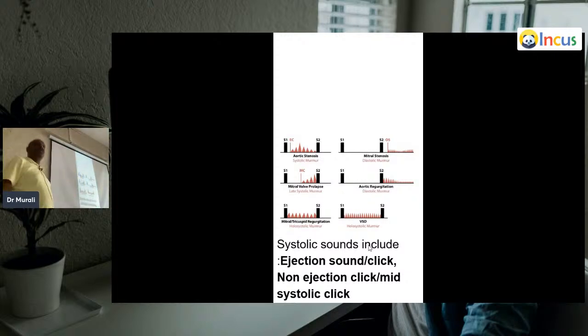So what is the importance of click? So if you look at aortic stenosis, the stenosis can be subvalvular, valvular or supravalvular. Tell me a syndrome where you have supravalvular aortic stenosis. Williams syndrome. You have supravalvular stenosis, right? And subvalvular obstruction, where do you get? Below the aortic valve in the left ventricular outflow tract, where did you get the obstruction?